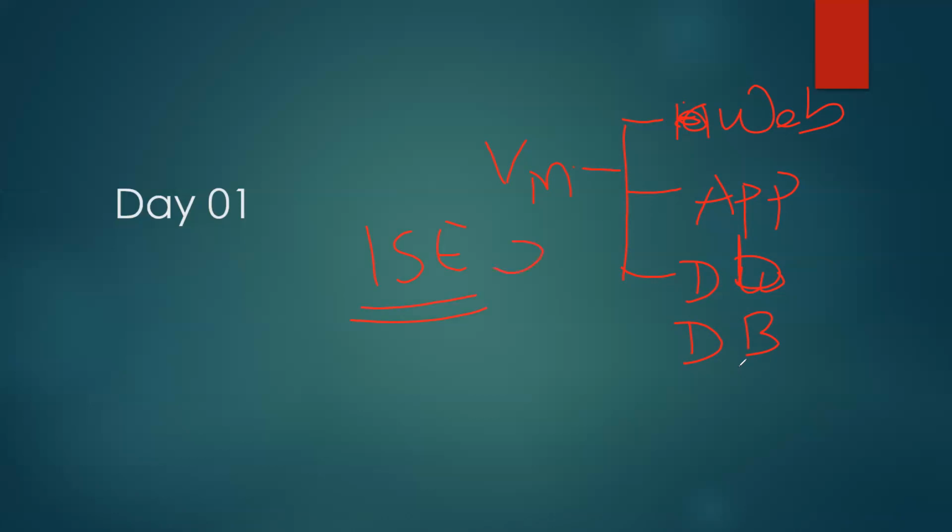When you are installing the ICE, they are giving you front end and back end. Front end is nothing but PAN, persona for administration node. That is the front end where you're logging in, the GUI interface.